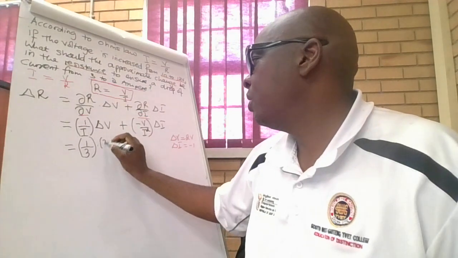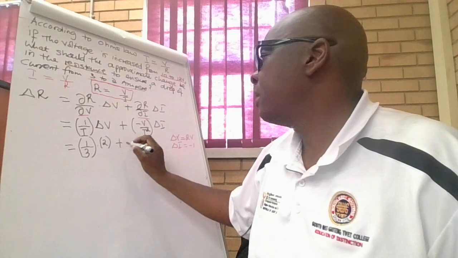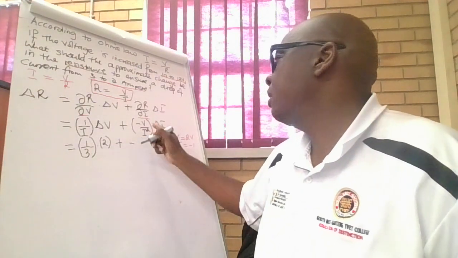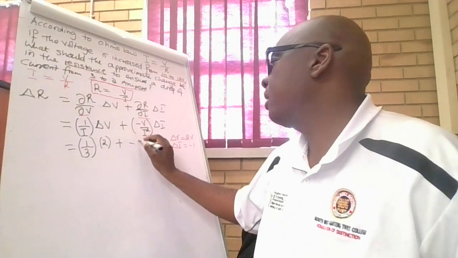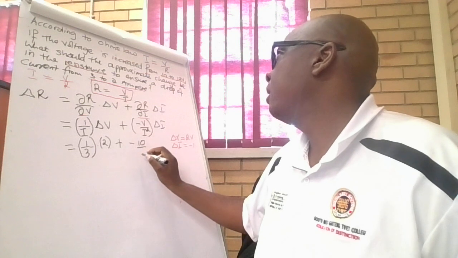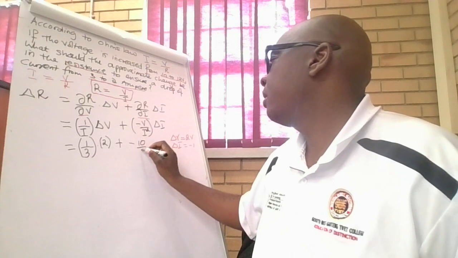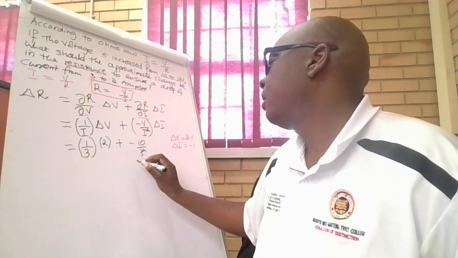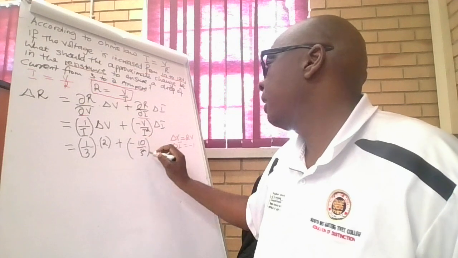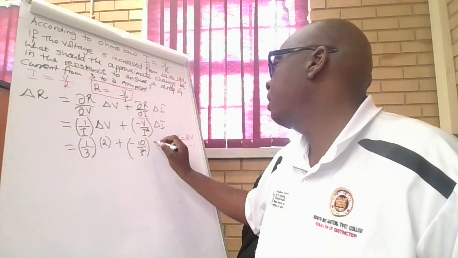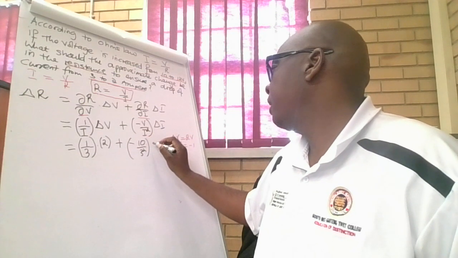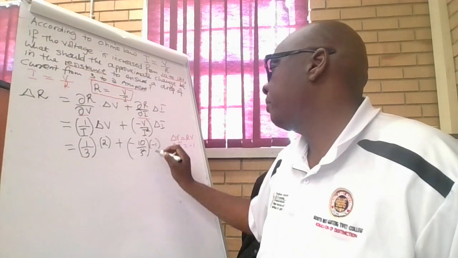We saw that the change in voltage is 2, plus minus V. What was the initial voltage? It was 10 over I squared, current, that's 3 squared. So we have this times the change in current. The change in current here is minus 1.